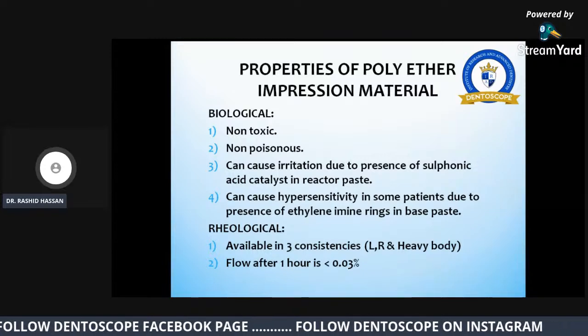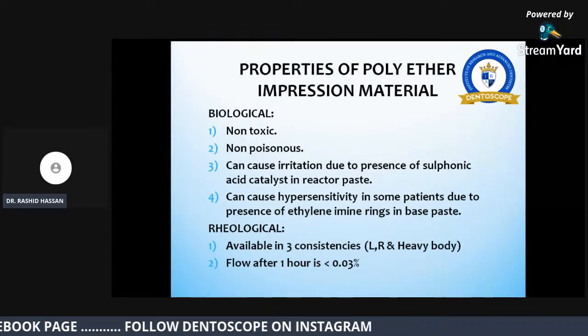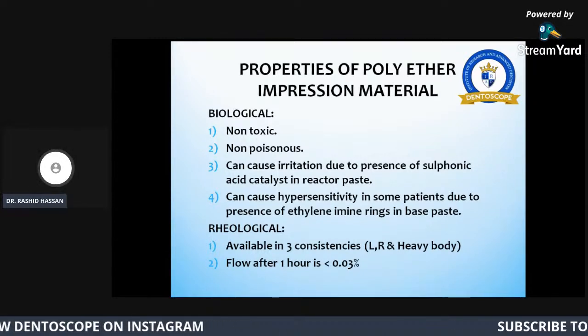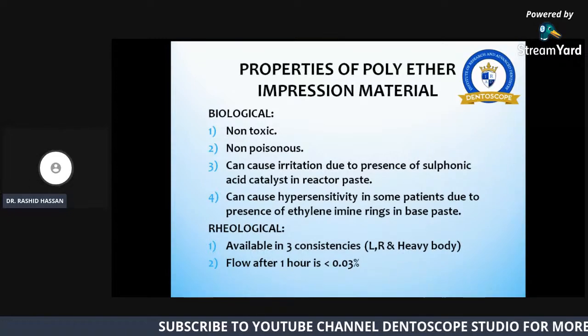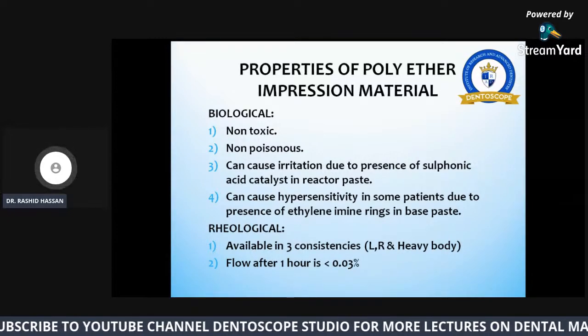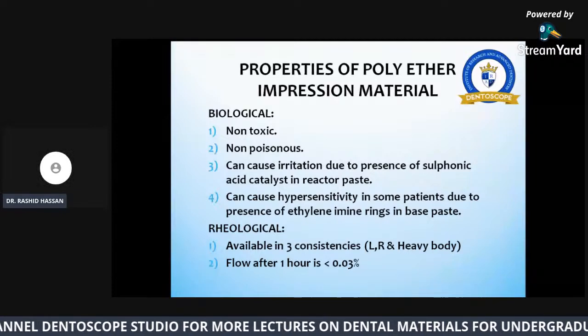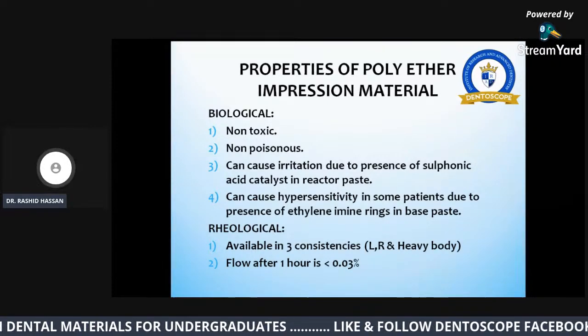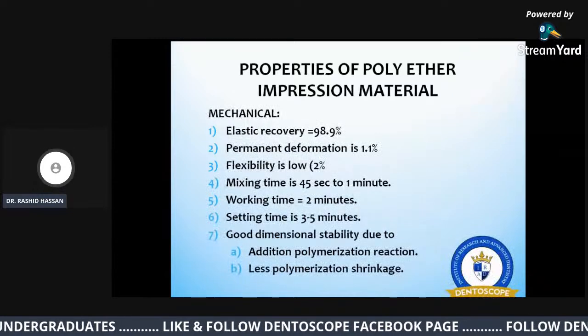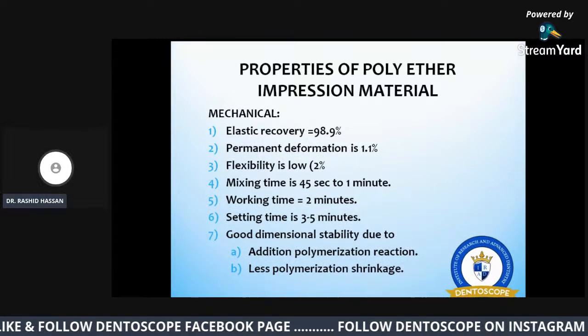So rheologically, it is the only elastomeric impression material available in three consistencies: light, regular, and heavy body. No putty consistency for polyethers. So flow after 1 hour is 0.03%. Okay, we take that. It's not a big problem.